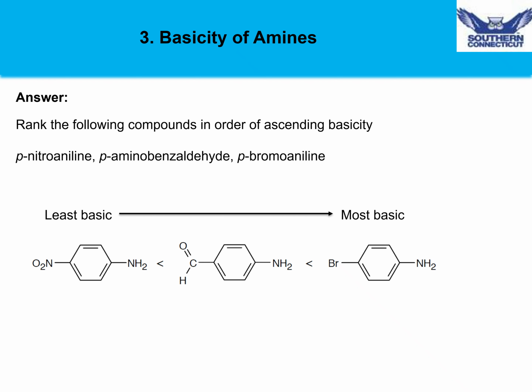In this question, we want to rank 3 different substituted aniline compounds in terms of their basicity. In questions like these, we often get a mix of electron donating groups and electron withdrawing groups, but in this particular question, all 3 examples involve an electron withdrawing group.